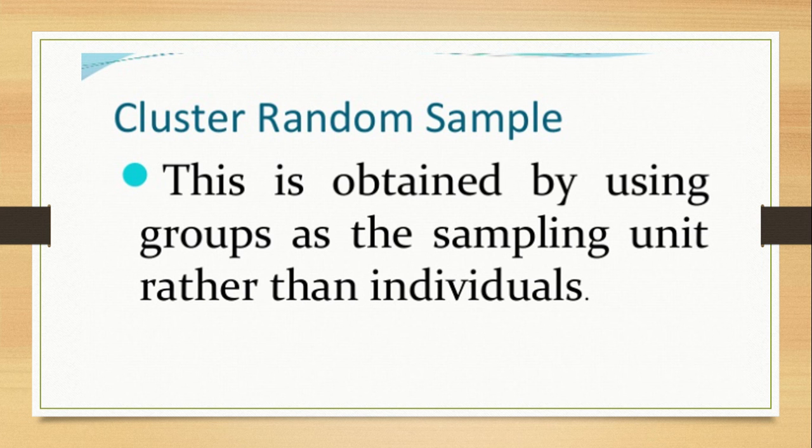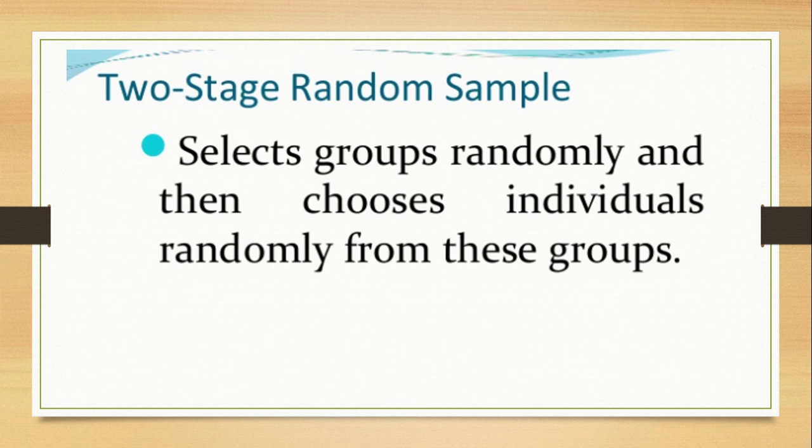Now for the cluster random sample, this is obtained by using groups as the sampling unit rather than individuals. I'll show you examples on these different sampling methods later on, class. Two-stage random sample selects groups randomly and then chooses individuals randomly from these groups.